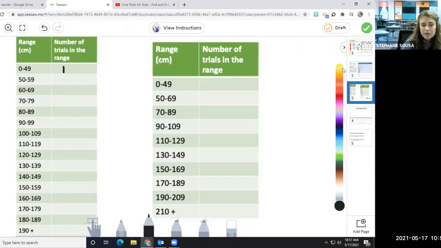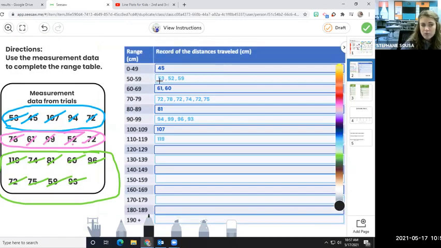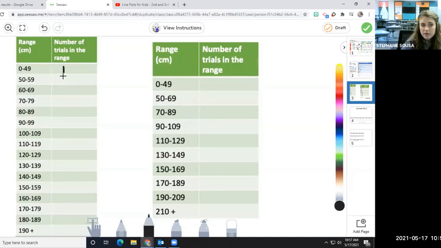Okay, let's take a look at our next range. How many cars were in the 50 to 59? Hop back to slide 2. There were 1, 2, 3 cars in the 50 to 59 range. So I'm going to put 3 tallies. 1, 2, 3.